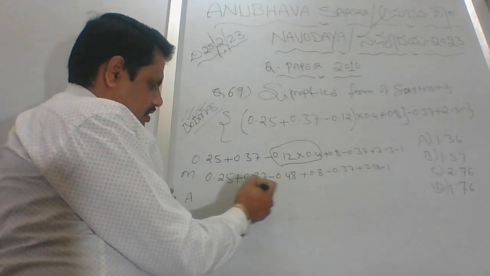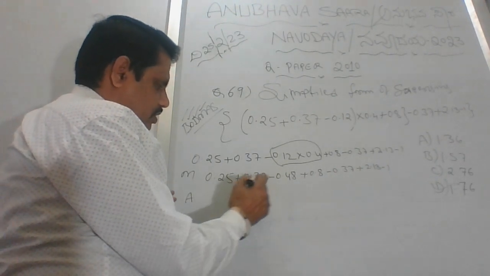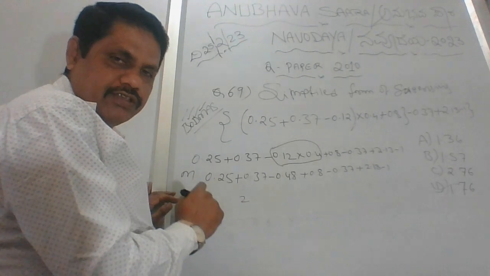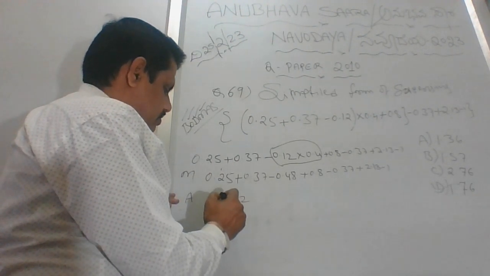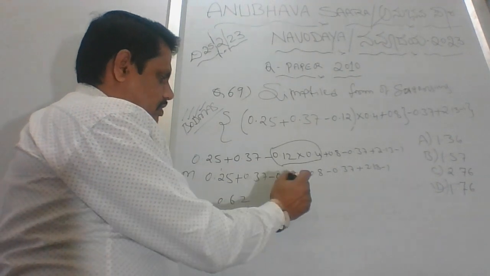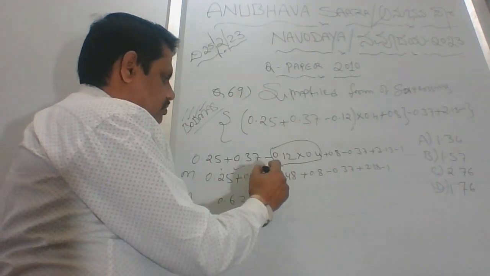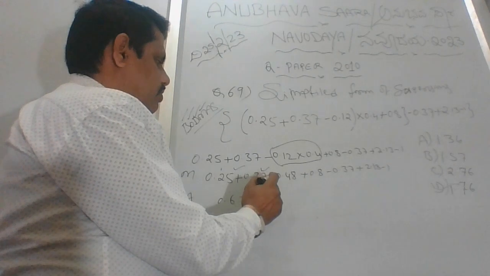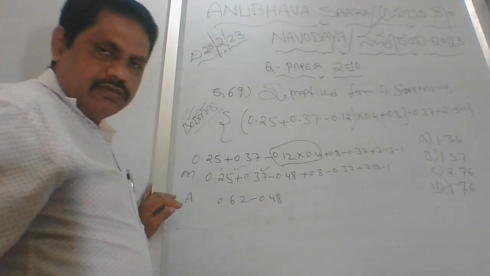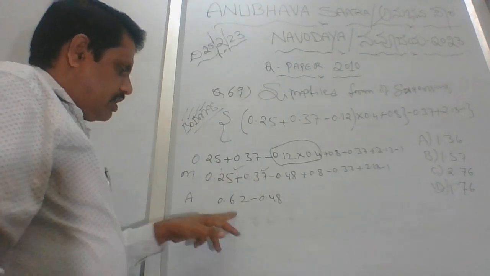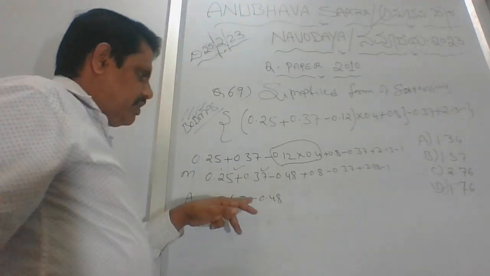Addition I do here. 3 plus 5 is 12. Sorry, 7 plus 5 is 12. 1, 3, 3, 6, 0.62. Then this is over. Now what you have to do is minus 0.48. Okay. So we are doing addition, we are not doing subtraction. Fine.